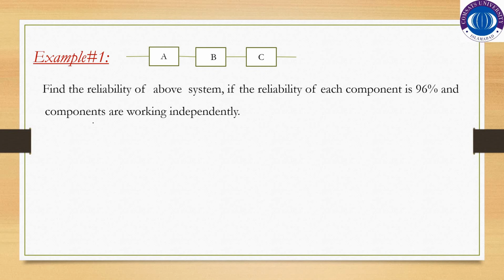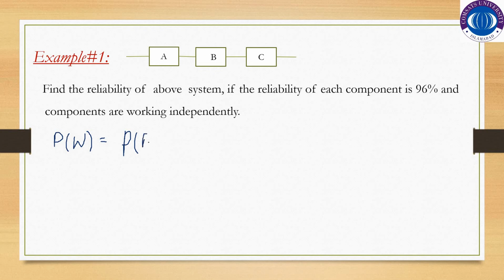So if we use W to represent the working of the system, then probability that system work, probability of W is equal to probability of, these are in series. सीरीज में हमारे पास क्या होता है, इन तीनों का वर्किंग होना जरूरी है.